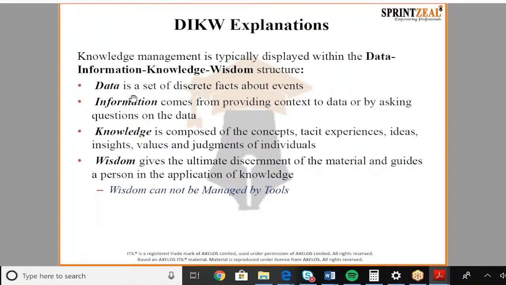So if we start here with data, which is the simplest form of information, data is a set of discrete facts about an event. So if we think about an incident ticket, the website was down.